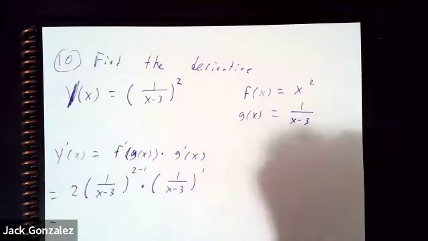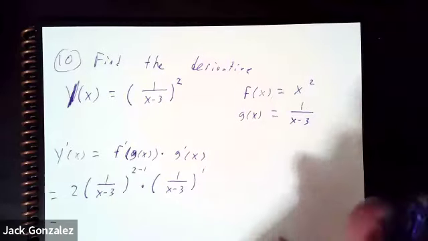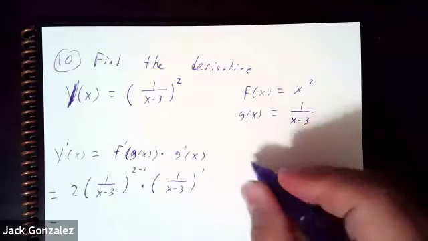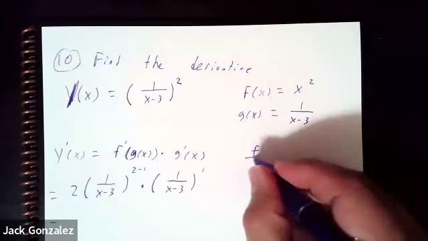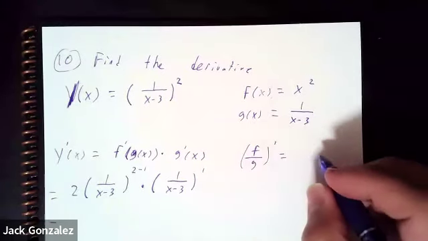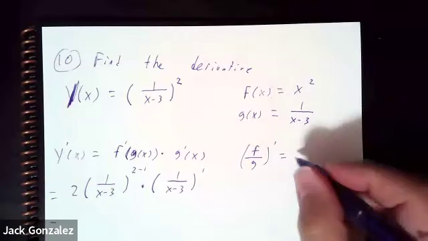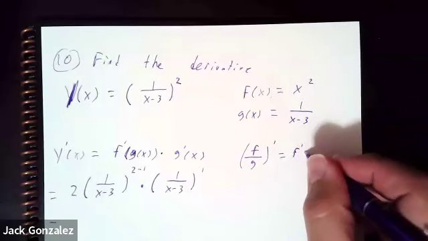Well, I used to do the same myself. The pattern I noticed recently is that the derivative of a quotient is always going to be the derivative of the first part times g.